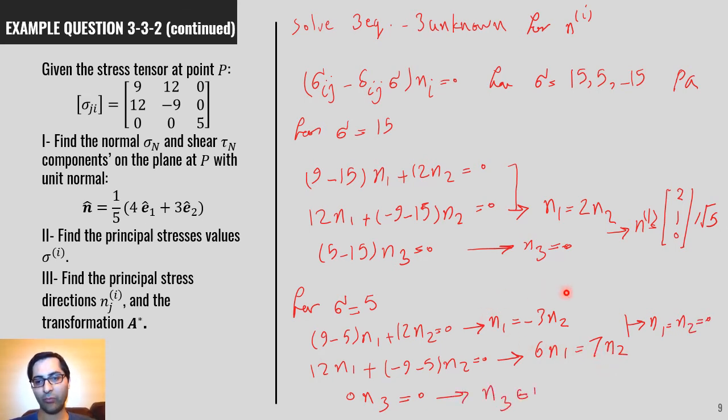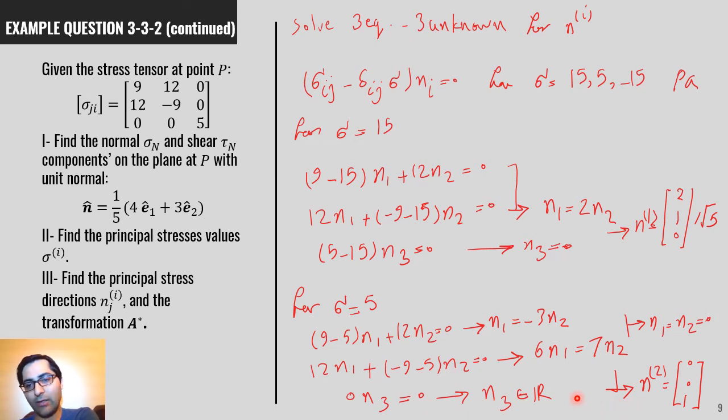We cannot satisfy both of them at the same time, so both of them should be 0. And for the last equation, i equal to 3, we get 0 times n3 equal to 0. So any value for n3 satisfies this equation.